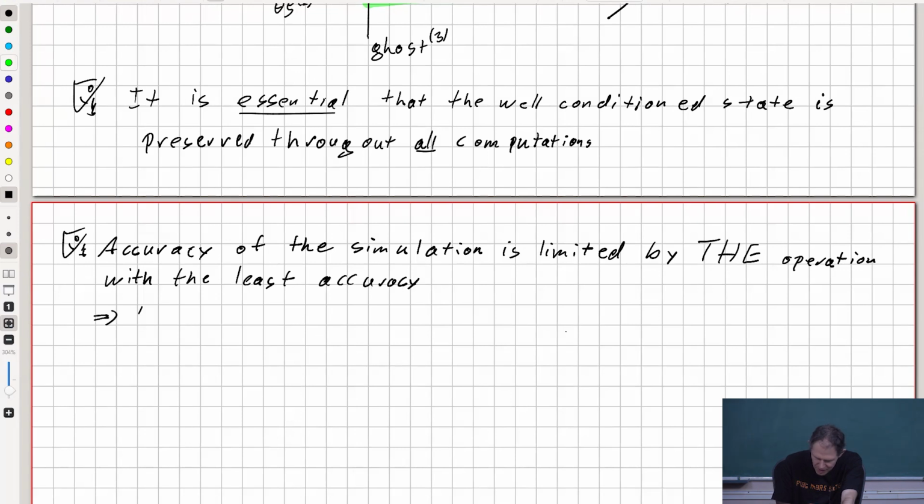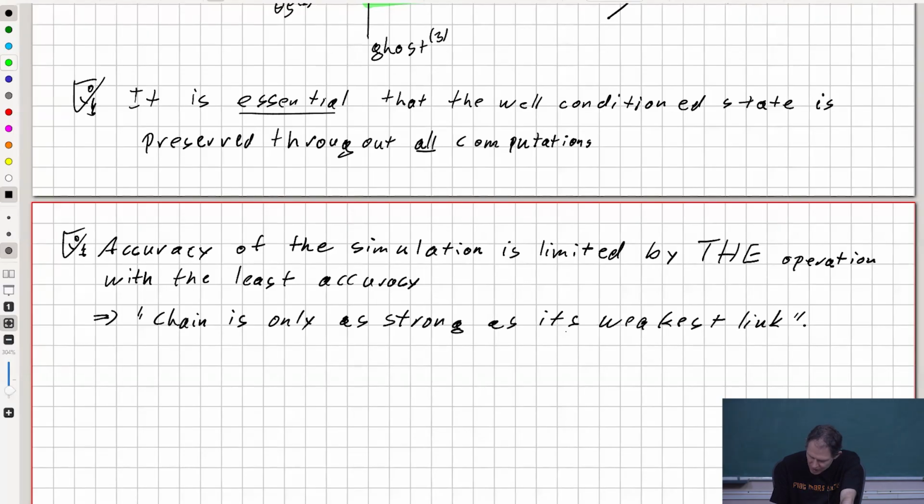Okay? A chain is only as strong as its weakest link. So this is something that you have to keep in mind if you do conditioning on explicit algorithms.